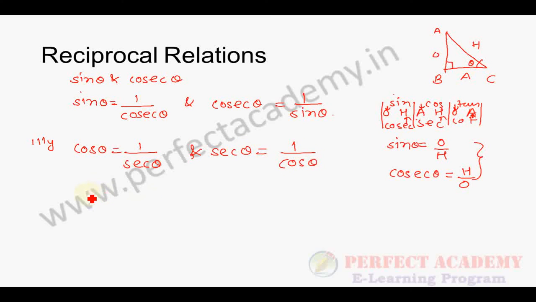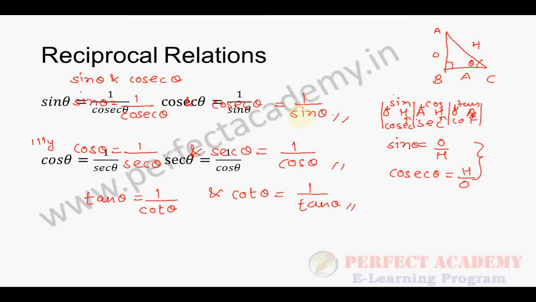Also, tan theta is the reciprocal of cot theta and cot theta is the reciprocal of tan theta. These are very important relations, because when we have to convert from one form to another, they will be very, very useful. The same reciprocal relations are derived step by step, as you can see here. Sin theta is 1 by cosec theta, cosec theta is 1 by sin theta, and all three pairs of ratios are listed there.